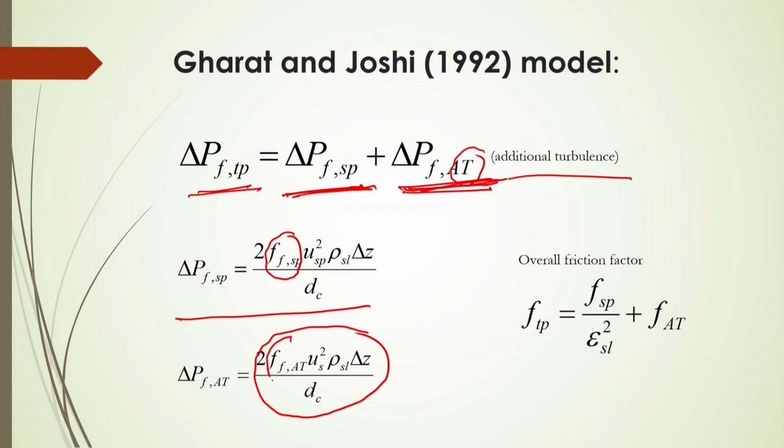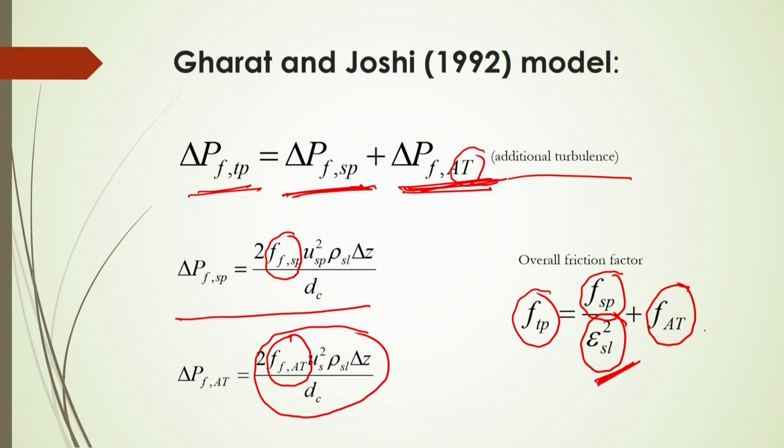In this case F AT, that means friction factor due to this additional turbulence, will be a function of the concentration of the slurry inside the bed, and this FTP will be equal to FSP by epsilon SL square, that is the volume fraction of the slurry, and this FAT.